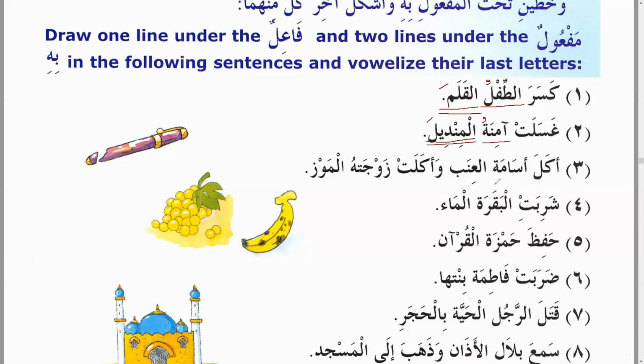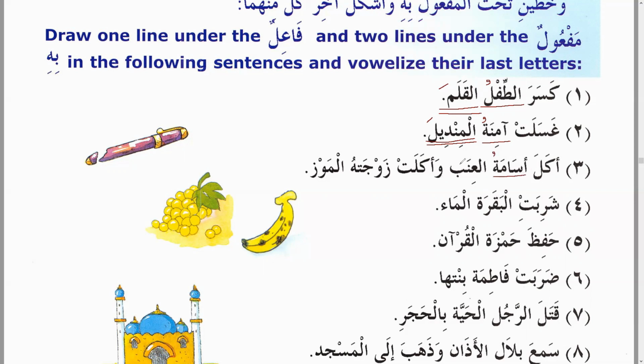Next one. Akala Usama ainab wa akalat zawjatuhu al-mawz. Third one. Usamatu, yes, is the fa'il.